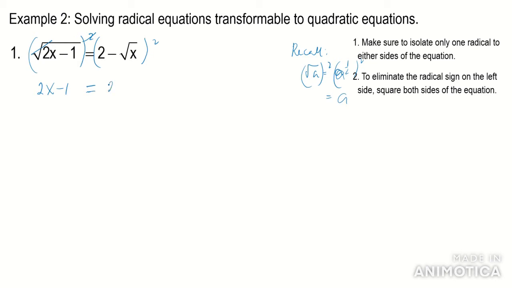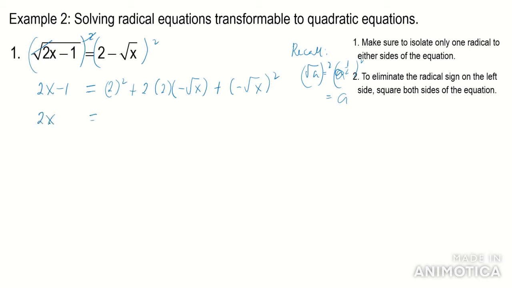So, we have 2 squared plus the exponent 2 times the two terms, 2 and negative square root of x: 2 times 2 times negative square root of x, plus the square of the second term, negative square root of x. And then, we are going to simplify.